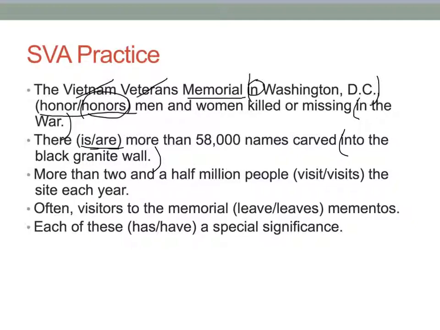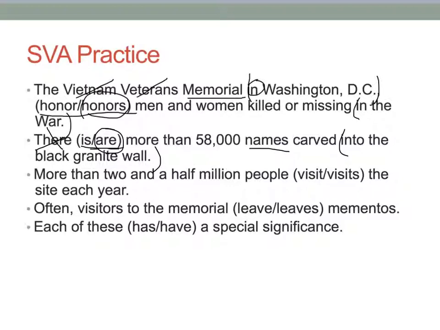There and here are never the subjects of a sentence. So let's get rid of there. So what is or are, or who is or are? The answer is names. Names are carved. So you have a plural subject, so you have to have the plural form of the verb. Names are carved. That's a third person of the plural.